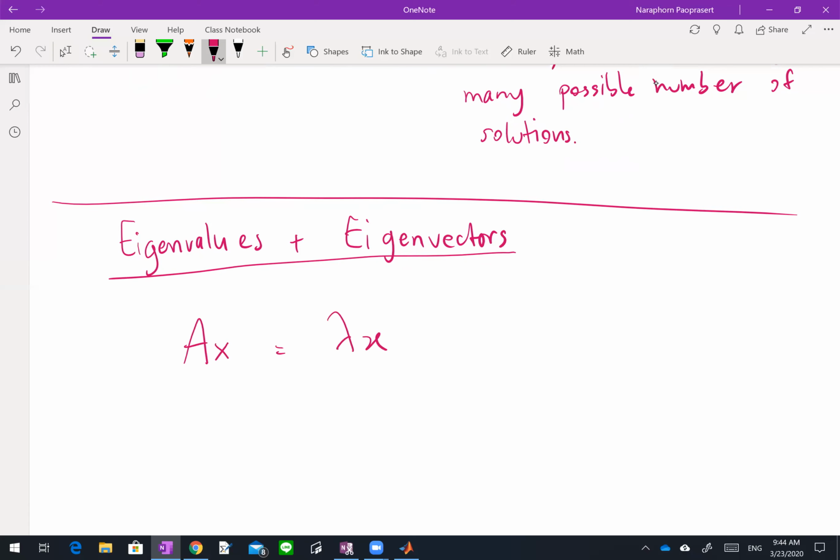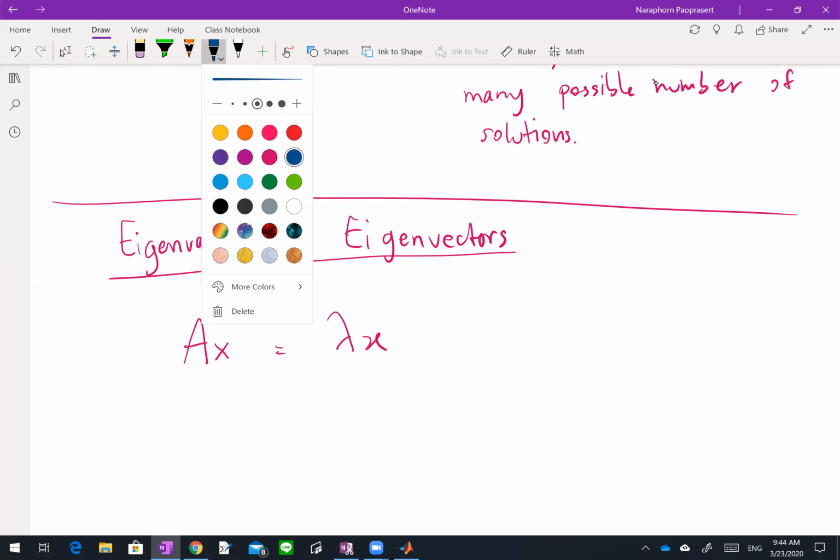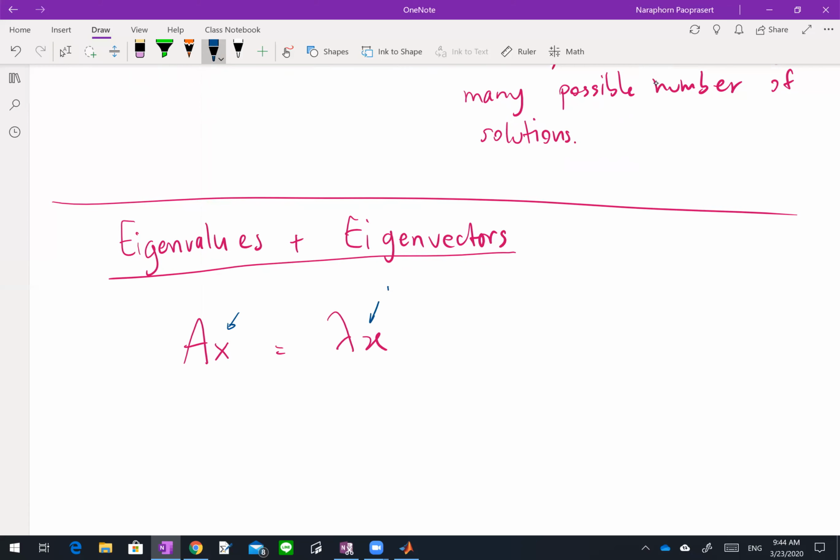So pretty much, you want to find a vector. X is a vector, okay? So you want to find a vector that you can multiply with the matrix A, okay?